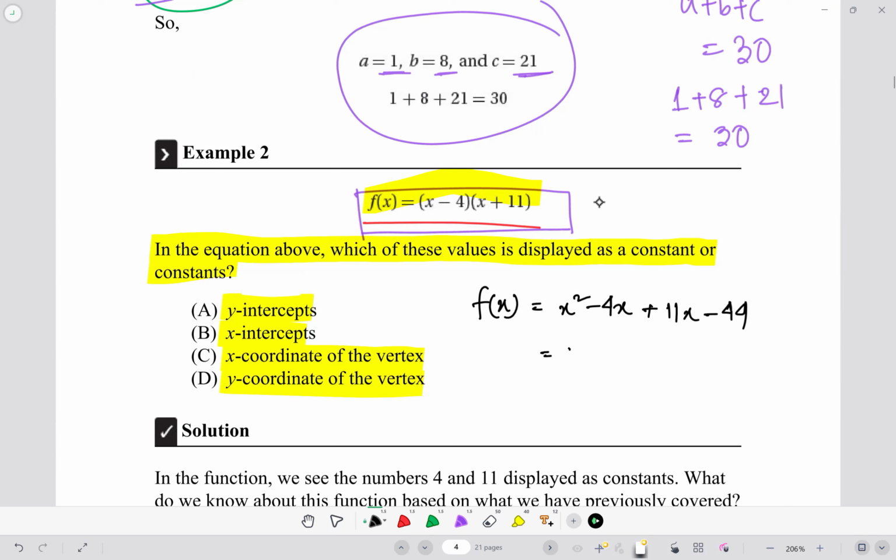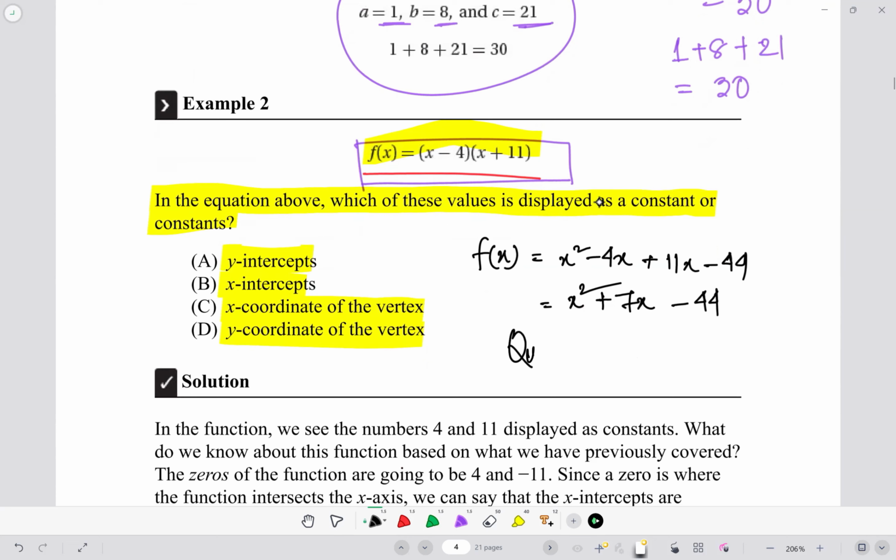Simplified more, f of x is x squared plus 7x minus 44. Now it becomes a quadratic equation, and a quadratic equation represents a parabola. Why am I saying these words, parabola and quadratic equation?